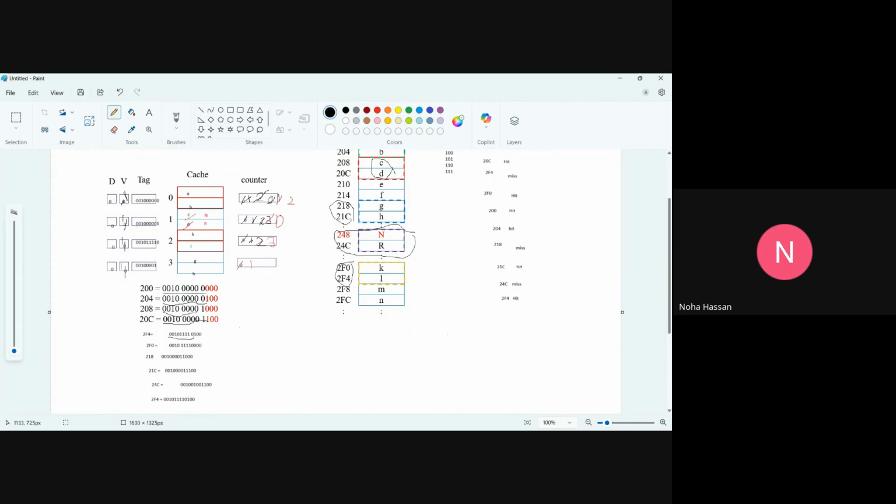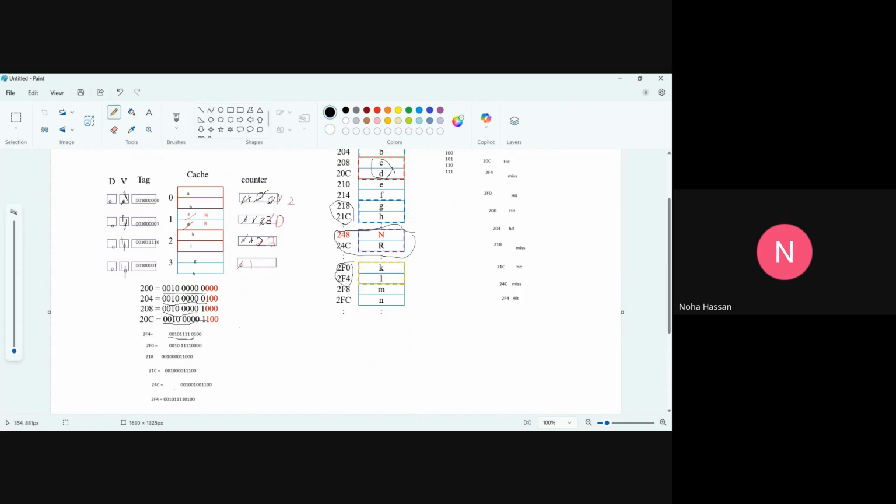Next, I have to update the counters. Okay, I have to update the counters. This one actually, 2F4, was found, as you may notice here, over here.